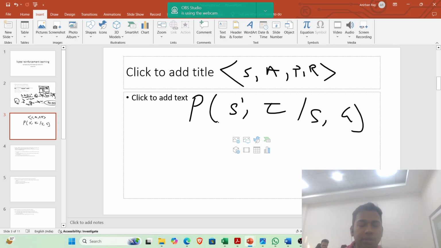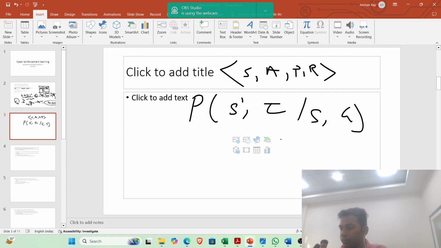This is the transition probability from state S to S dash, conditioned on action A. One important thing is this tau here, which is the holding time.